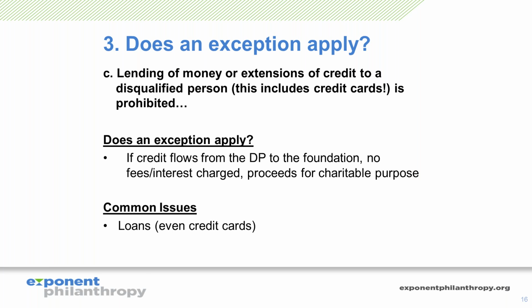Then technically the foundation is making a loan to the disqualified person for that amount, whatever item was being purchased. It could be a cup of coffee for $2, or it could be a sweater. It doesn't really matter. It would be an extension of credit that would be prohibited, because the foundation cannot provide any loans or extensions of credit to disqualified persons. So that's something to watch.